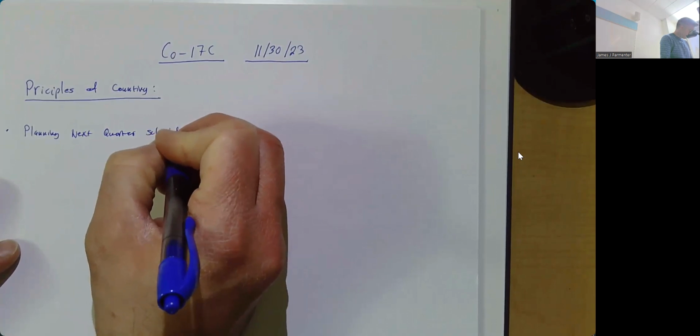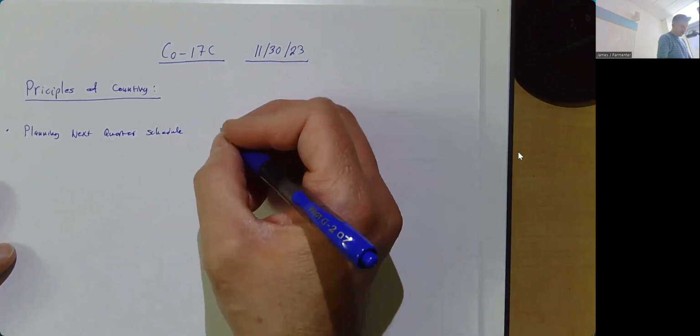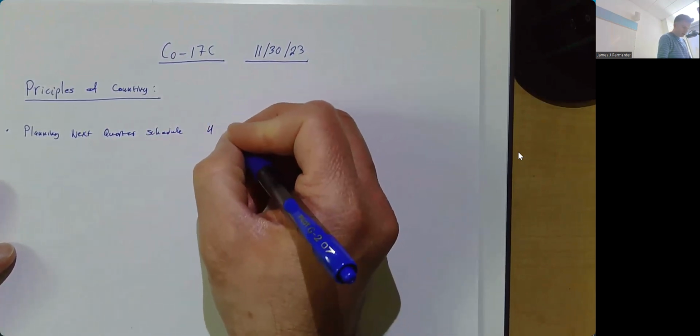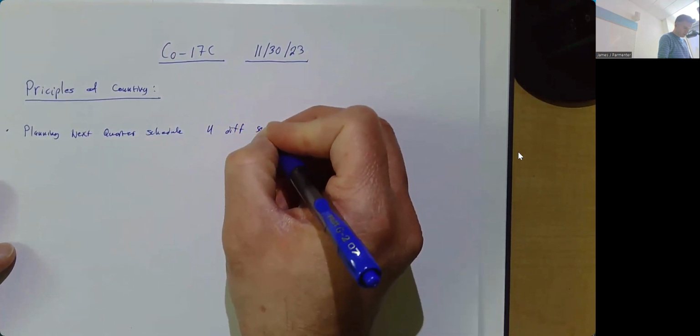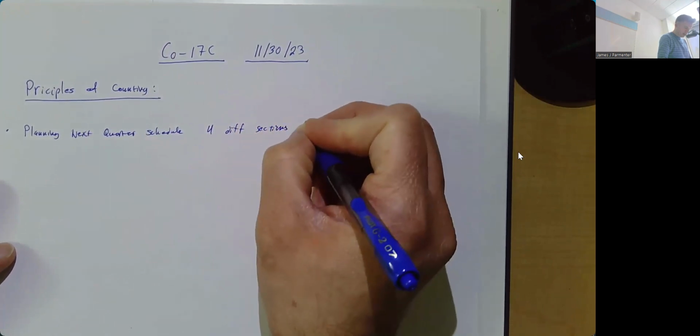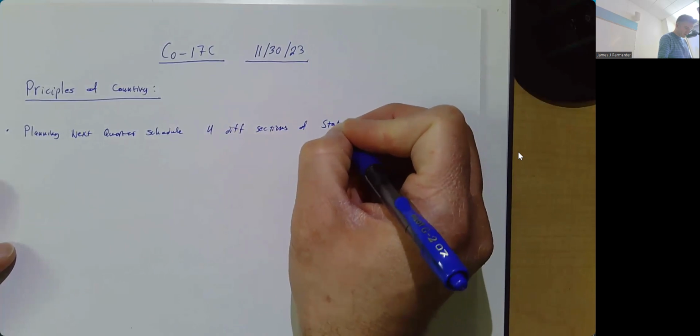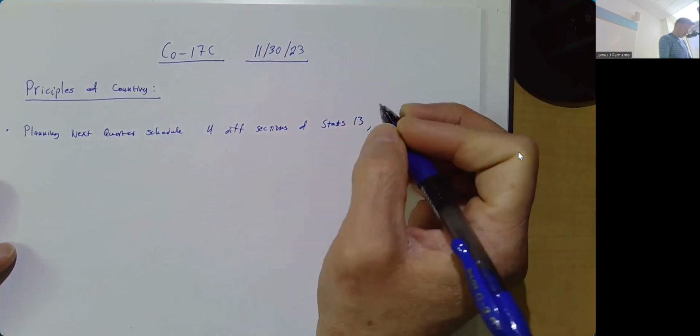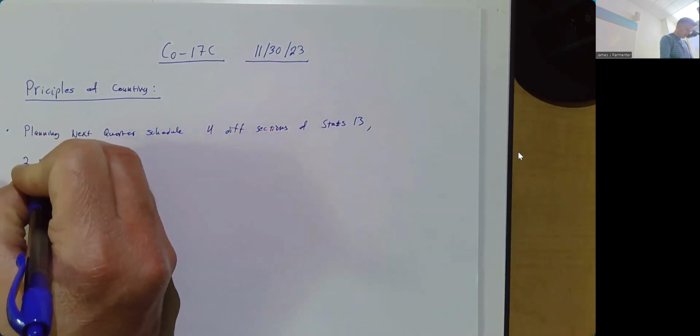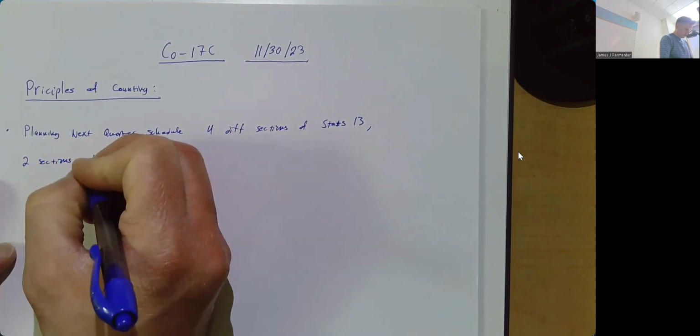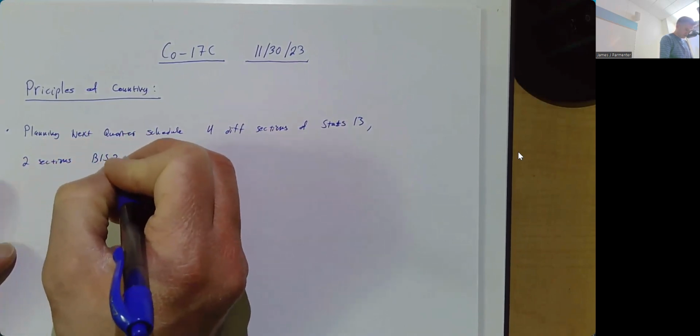And there are 4 different sections of stats. Let's say of stats 13. There are 2 sections of biosci 2C.